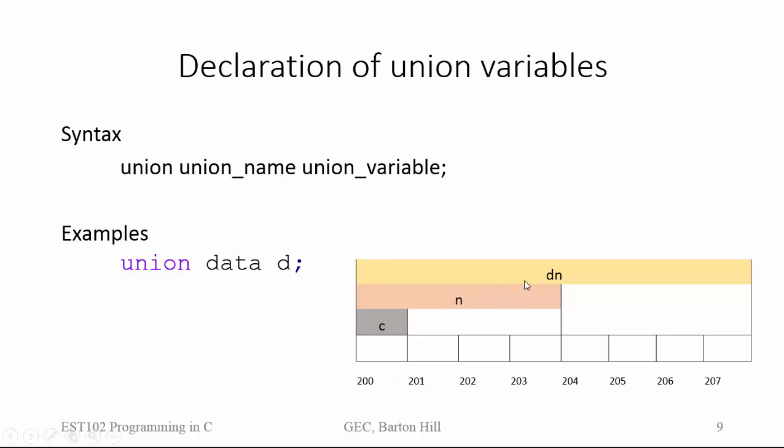The element with the largest size is Dn, and inside that we can only access one of the members at a time. That is, I can only access C or N or Dn at a time. This is how the memory will be allocated. The size allocated will be equal to the size of the largest member.